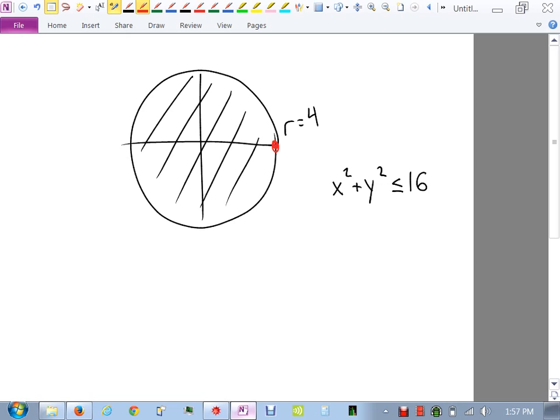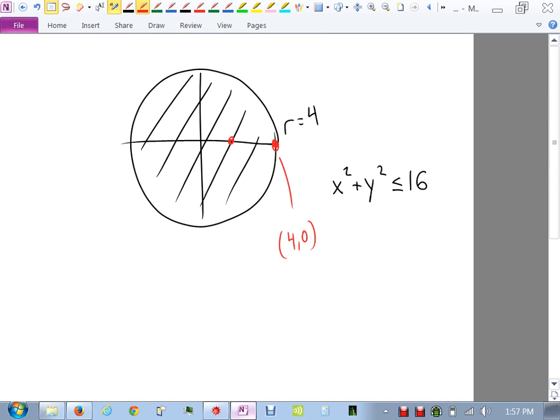What about this point, 4, 0? If you plug in 4 for x and 0 for y, does it satisfy that inequality? Yes. What if I pick this point here, 2, 0? Does that satisfy it? Yes, 2 squared plus 0, so that works.